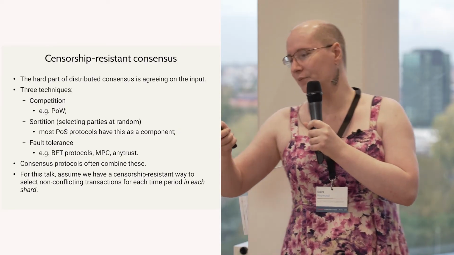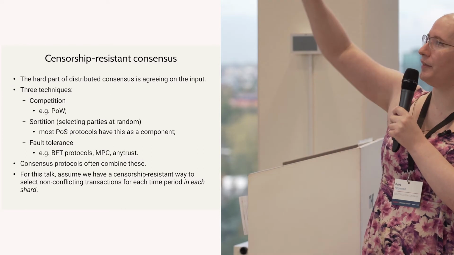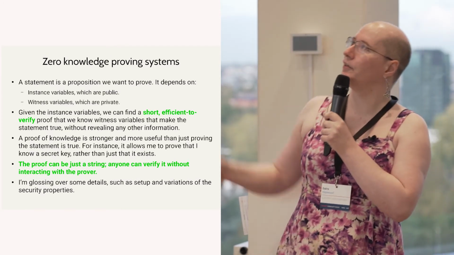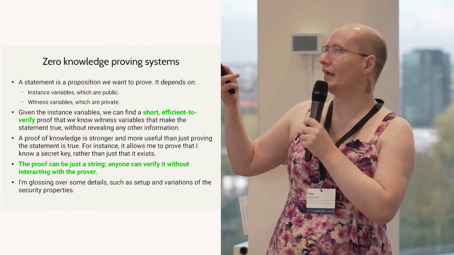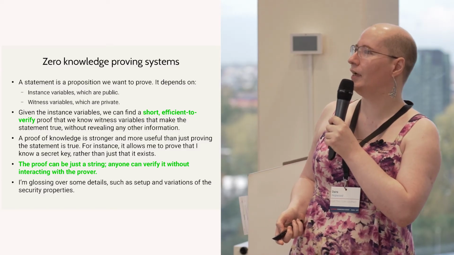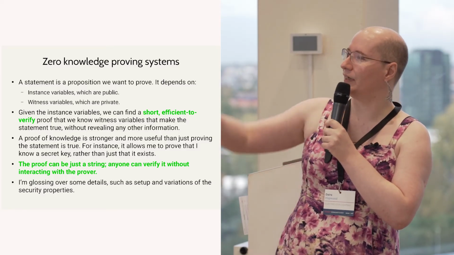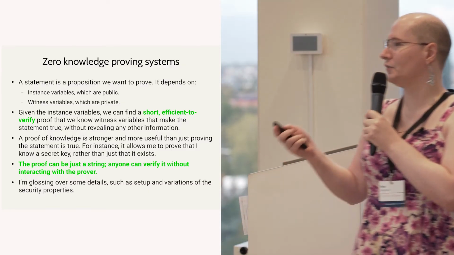That's an orthogonal issue. Okay, some other properties of zero-knowledge proving systems, besides privacy, that are useful here are that the proofs are short and efficient to verify. The fact that they're just strings is also relevant to scaling.